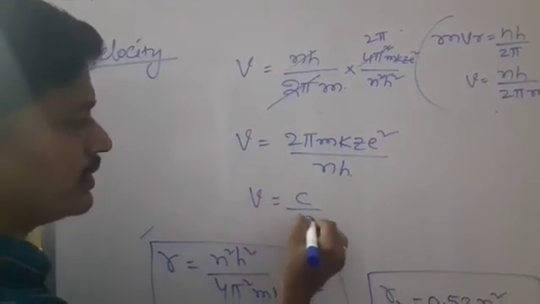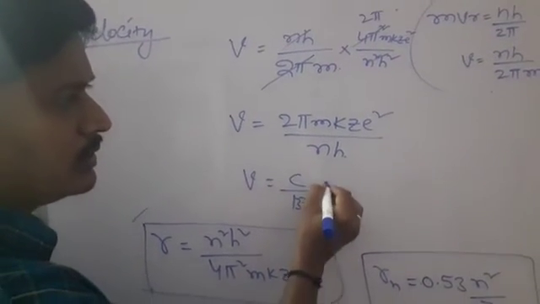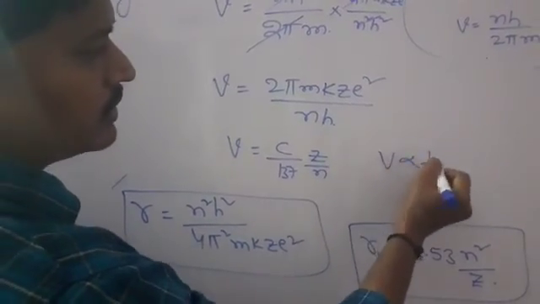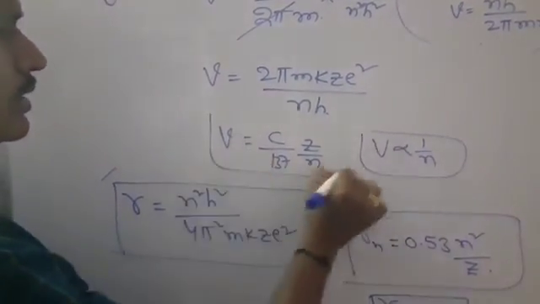V is equal to c by 137 into Z by n. Velocity is inversely proportional to the orbit number.